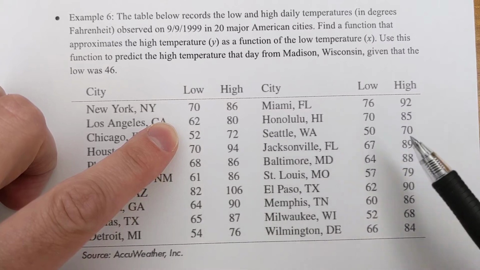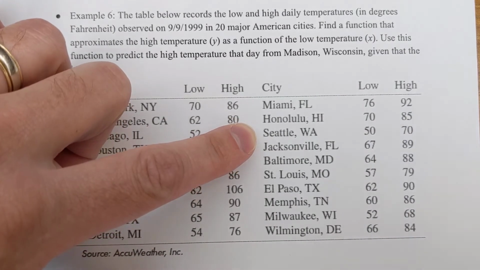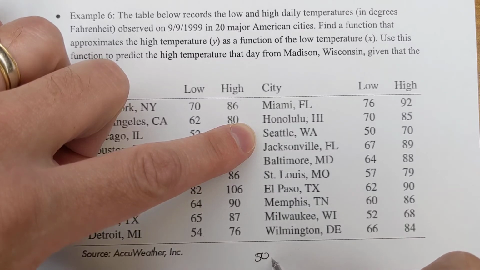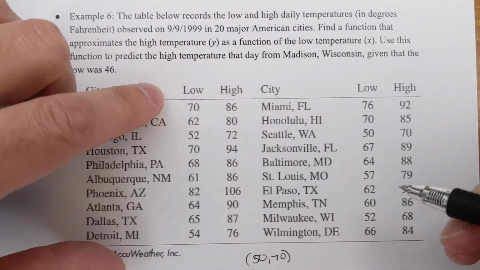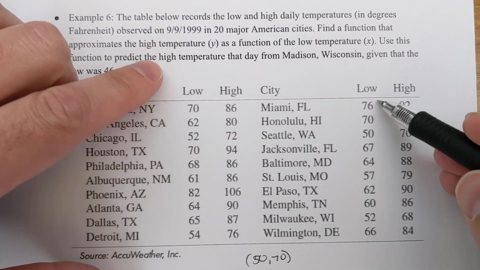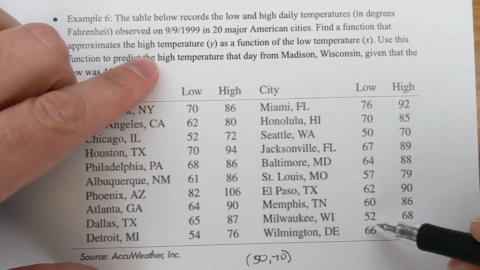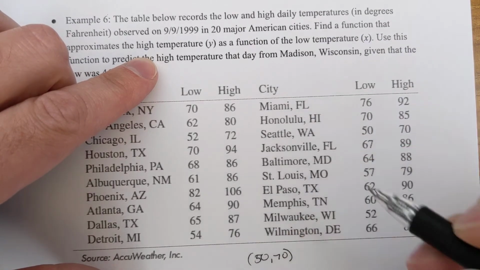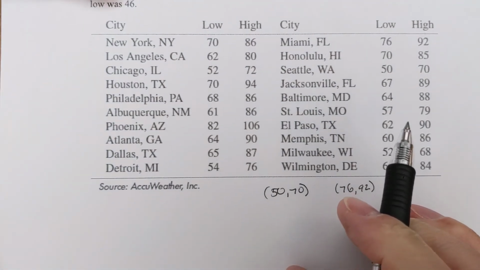Is there anything lower than that? There's 50. Looks like that's the lowest low, so we'll use that point, 50, 70. And then I need the highest low. So highest low, there's 76. I don't see anything higher than that. So Miami, 76, 92.